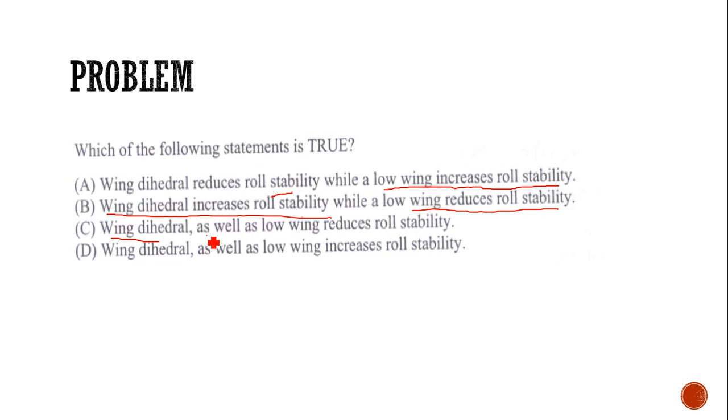Third: wing dihedral as well as low wing reduces roll stability. Fourth: wing dihedral as well as low wing increases roll stability. Please read this. I discussed this dihedral wing earlier. So try to come up with the answer.